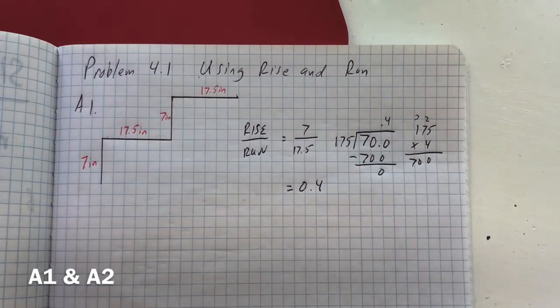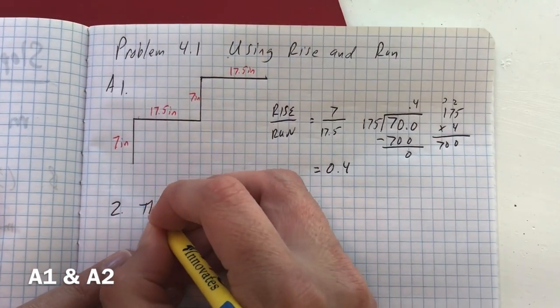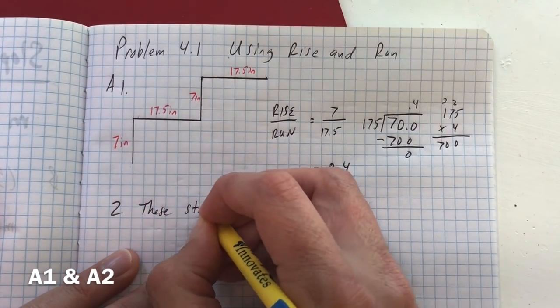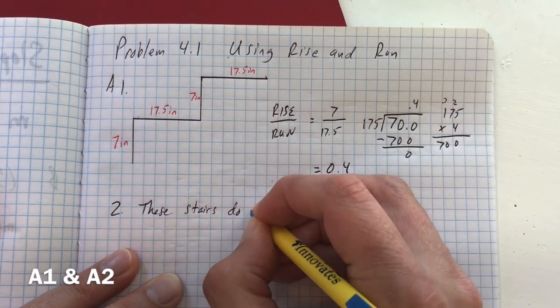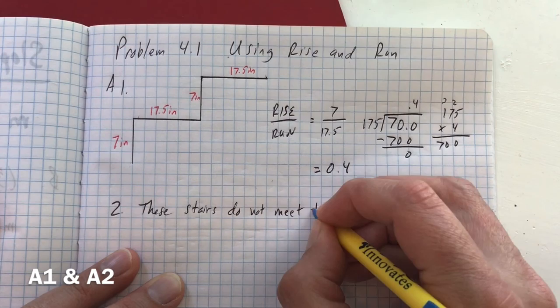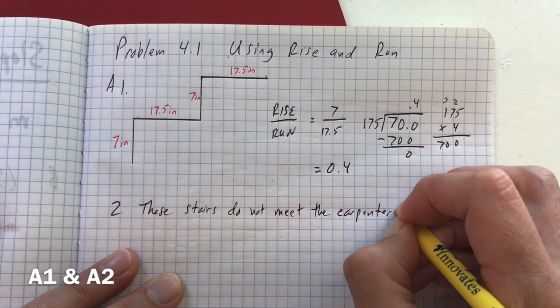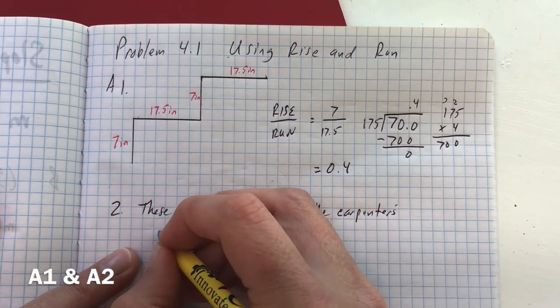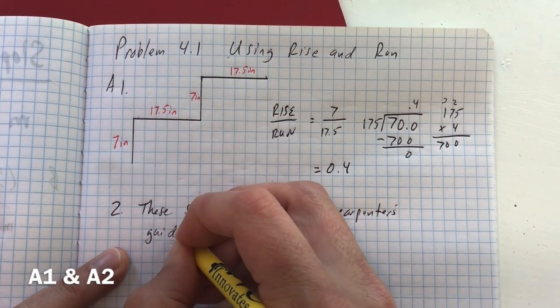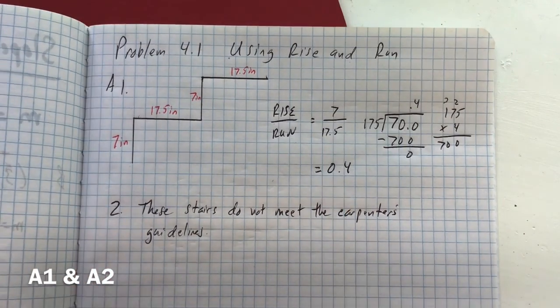So based on those guidelines here, for number 2, these stairs do not meet the carpenter's guidelines. And obviously, because that 0.4 is lower than that 0.45 to 0.6 range.